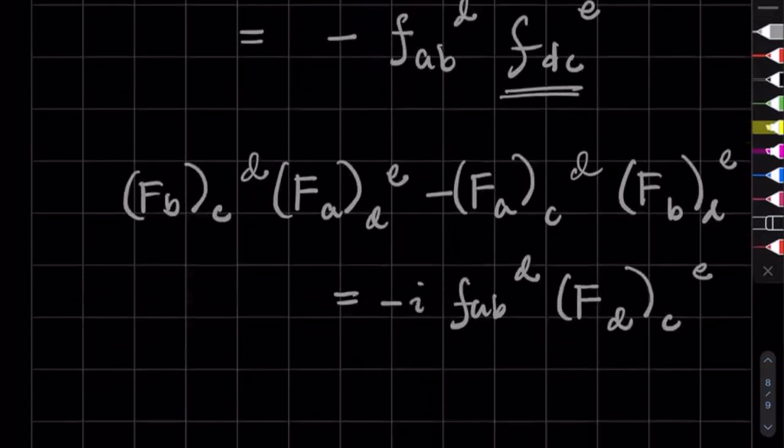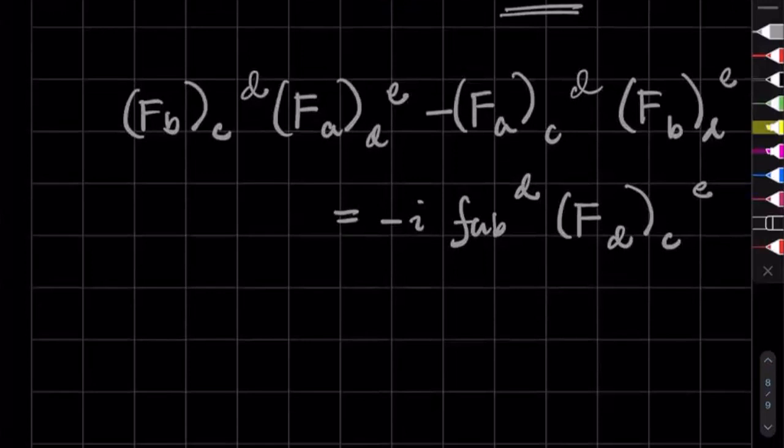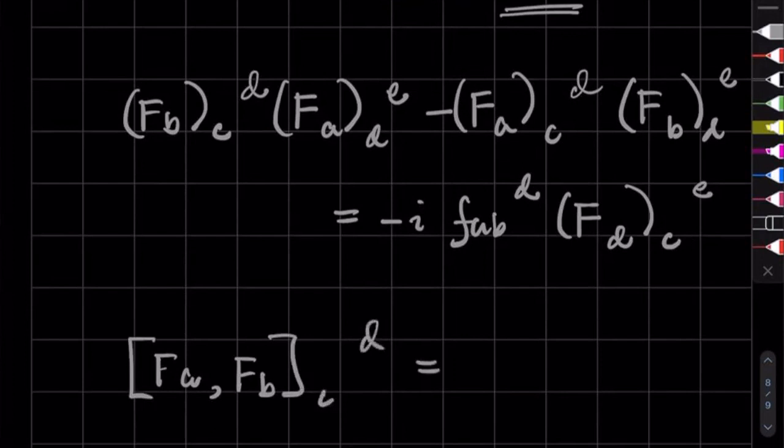And so if I multiply everything by a minus sign, I get the commutator of f_A and f_B, and we are taking its CD element, and here is i f_ABE, let's call it E, we get f_E here, its CD element.